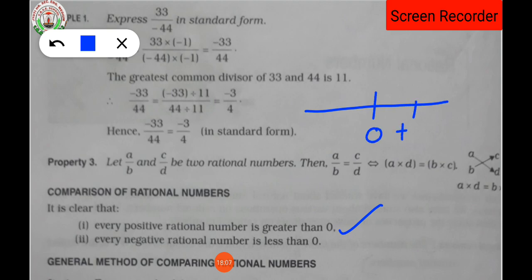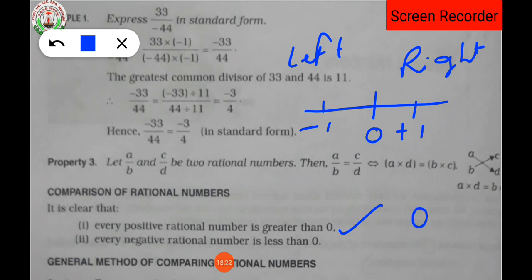From here, all the positive numbers lie at the right hand side, and on the left hand side all the negative numbers. This is the basic information. So every positive number is always greater than 0, and vice versa all the negative numbers are smaller than 0.